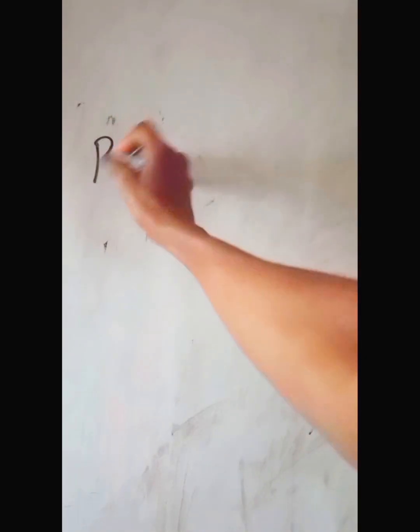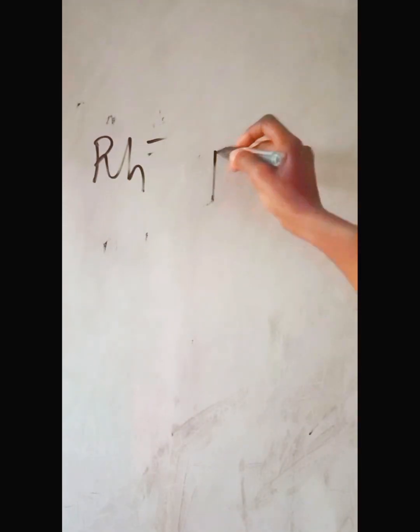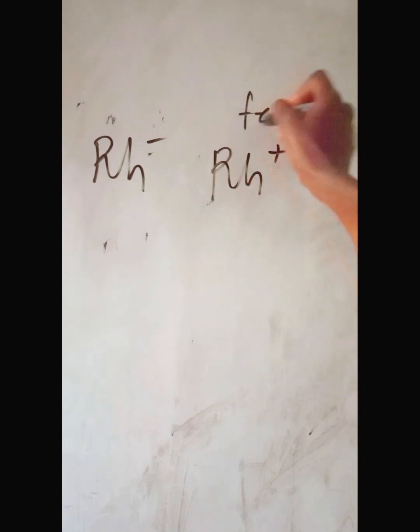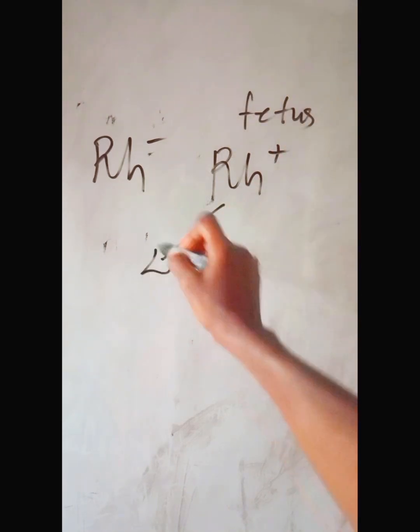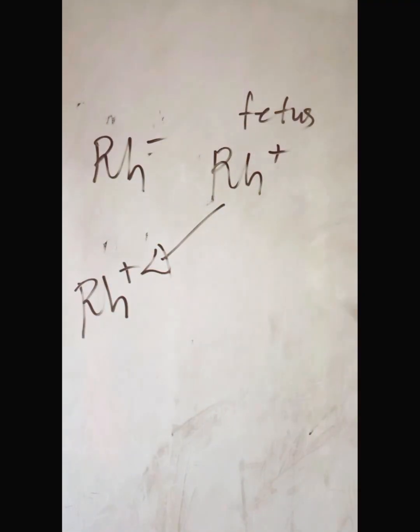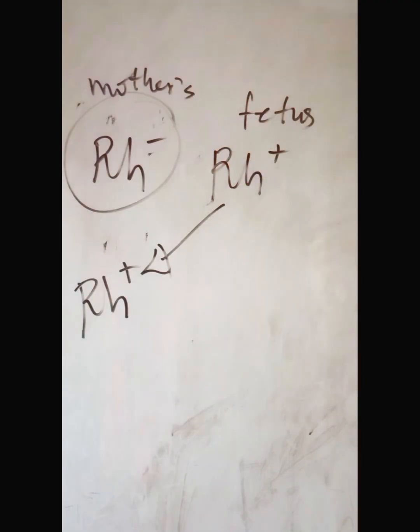Now, if the mother is Rhesus negative and her fetus is Rhesus positive, because the fetus has inherited it from the father, who is Rhesus positive as well, you see that the mother's immune system will begin to produce antibodies that will attack the red blood cells of this fetus, thereby leading to serious complications at birth.